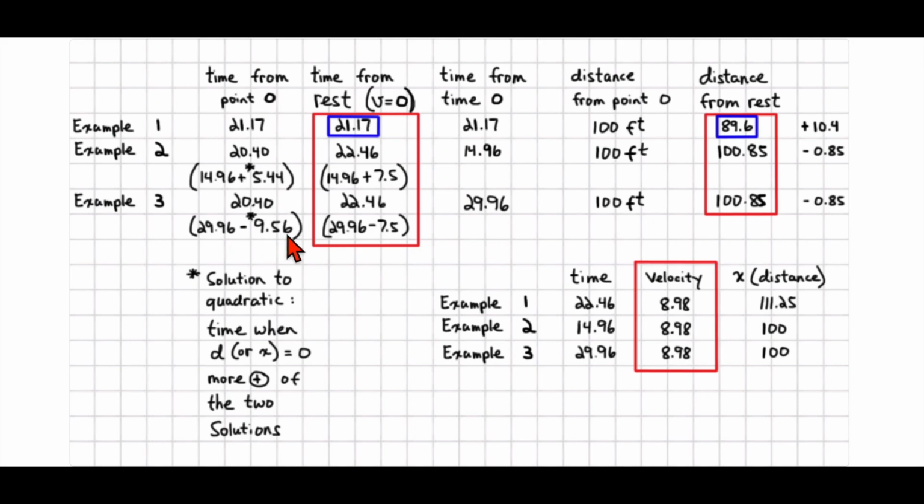Now, 9 and 56 hundredths seconds and 5 and 44 hundredths seconds are solutions to the quadratic equation for distance for example 2 and example 3. So that graph goes through distance 0 at 2 different times: a negative 5 and 44 hundredths seconds and a negative 9 and 56 hundredths seconds for example 2, and a positive 5 and 44 hundredths seconds and a positive 9 and 56 hundredths seconds for example 3.